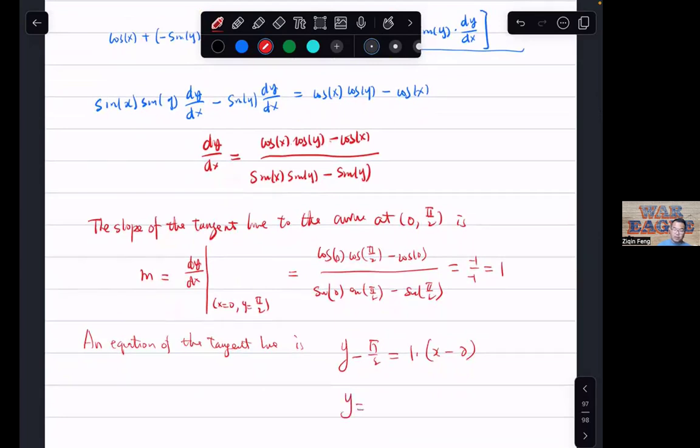So y equals x plus pi over 2. That's the tangent line equation, using the slope and the point.